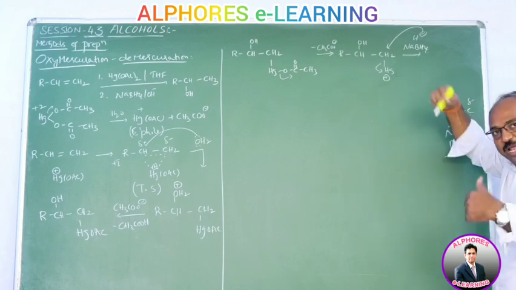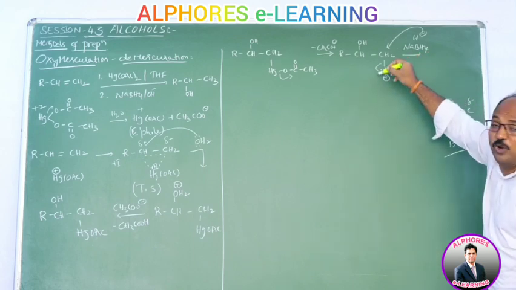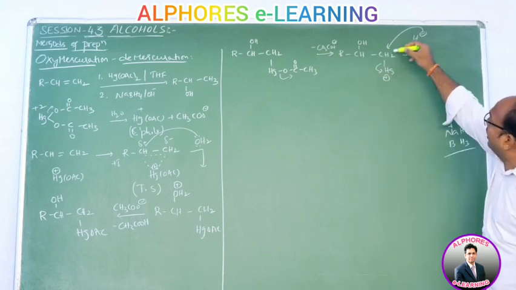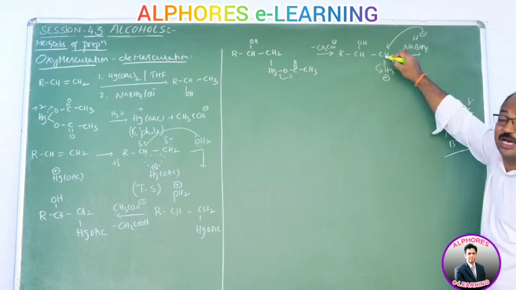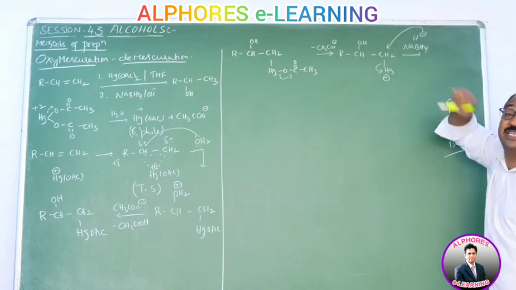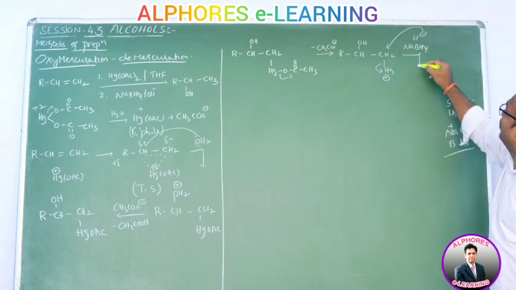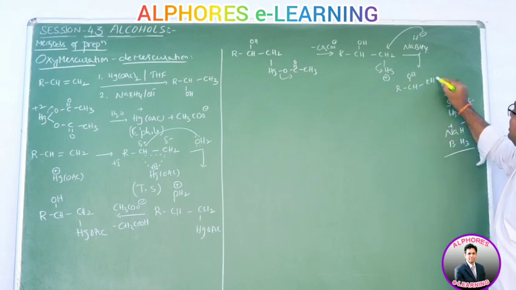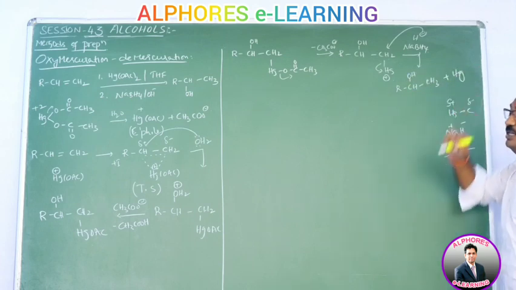Of course, it comes out as Hg. This one pulls the sigma electrons towards itself, and it comes out as Hg. Whenever this carbon acquires positive charge, H minus has to come and attack upon this positive charge. Then the product we write here is RCHOH CH3 plus Hg.